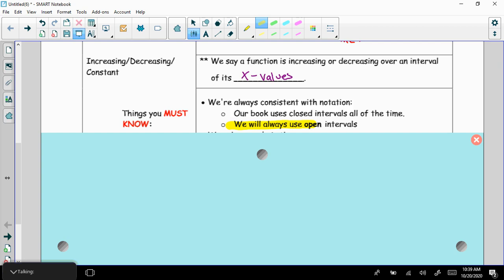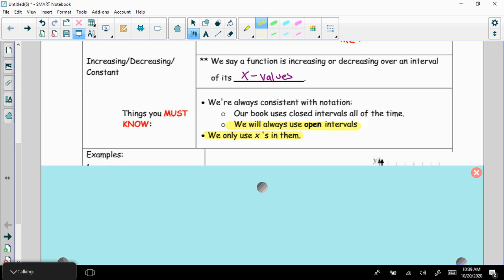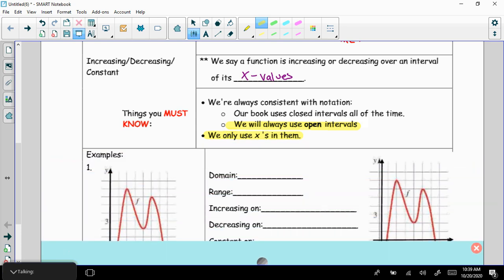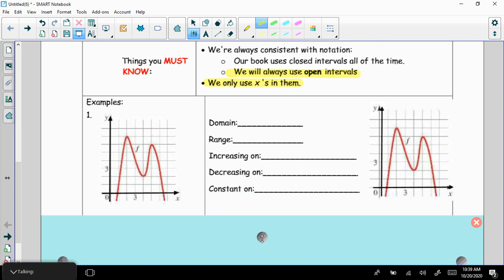We are going to always use open intervals when we describe this. So we're going to use parentheses every single time, and we only use the x values in them. We're never going to worry about our y values when we're talking about your intervals. Only use the x values, always describe it as open, so parentheses.